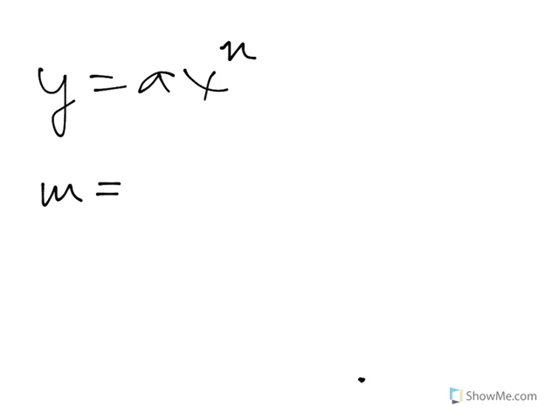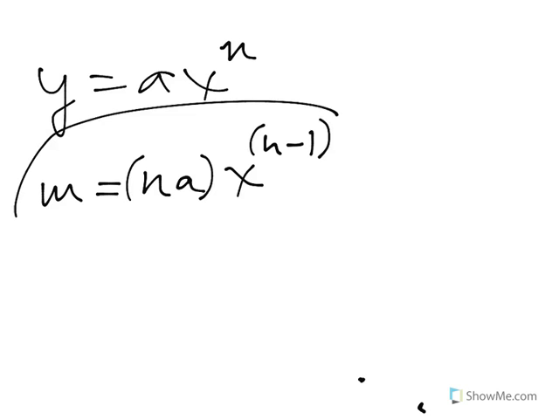So to summarize, if the equation is ax to the n power, then the slope is na times x to the n minus 1 power. And then you just have to plug in the n, the a, and the x.